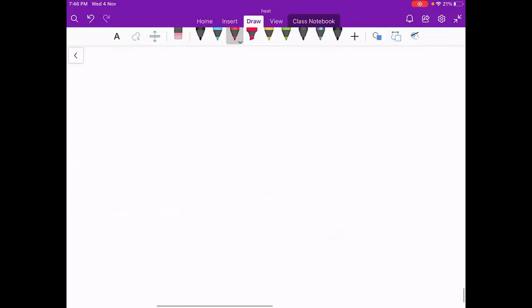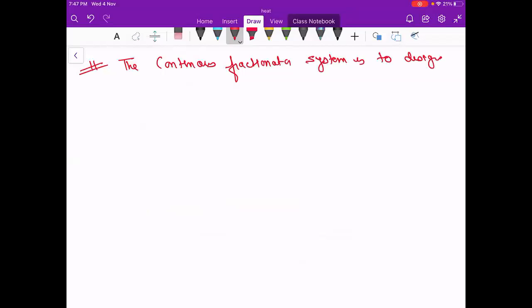Write a question. This is a GATE question. The continuous fractionator system is to be designed. The following cost figures are estimated.